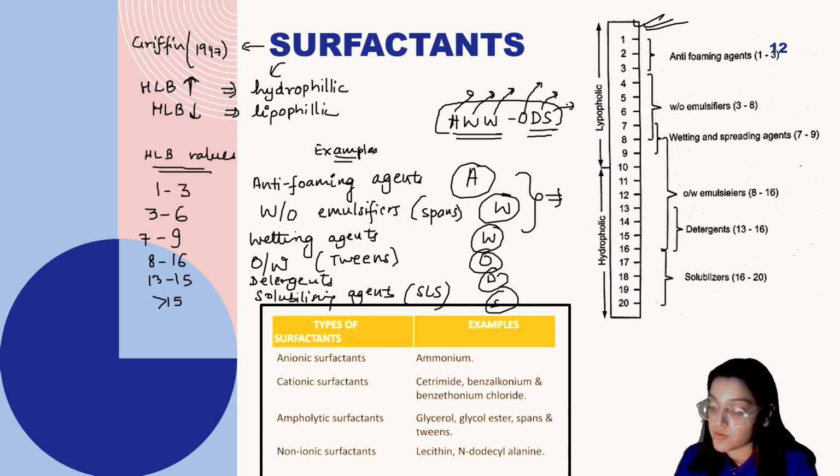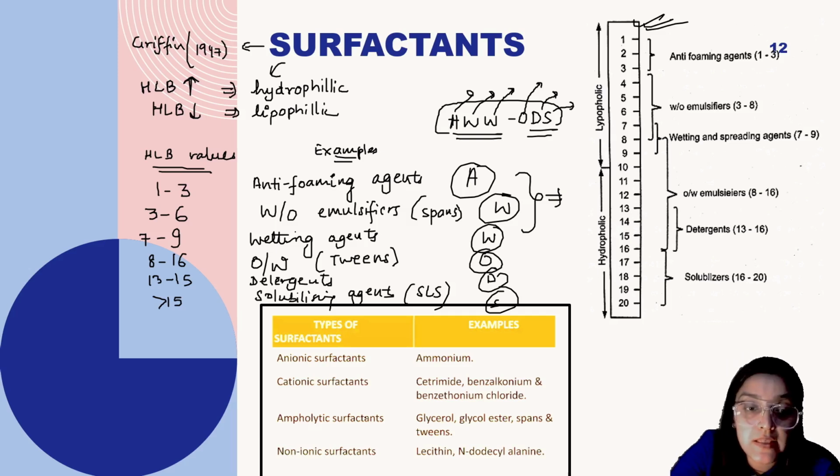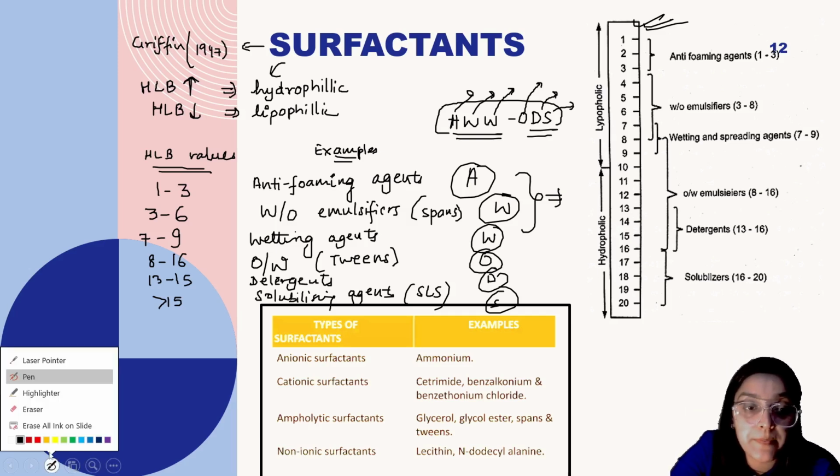So this, students, is the HLB scale. The values in fact determine what kind of nature it will possess. If the values are on the higher side, they will be hydrophilic. If the values are on the lower side, they will be categorized as lipophilic. Lower down you can see the examples that have already been discussed.